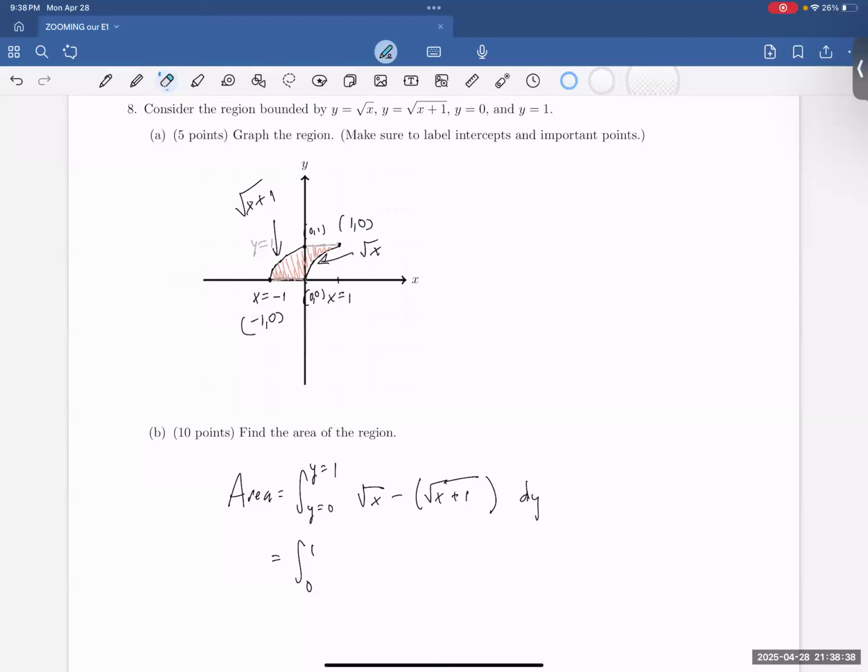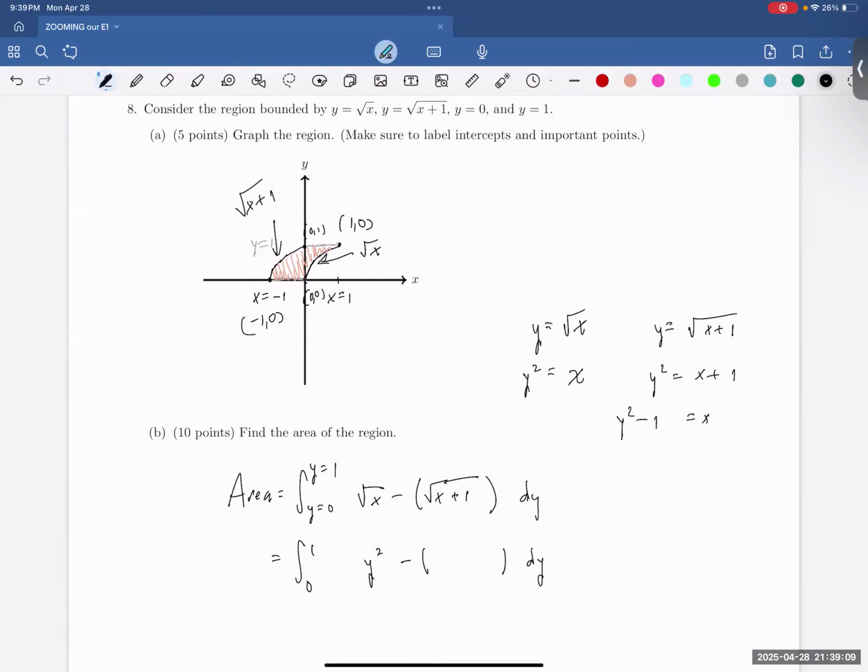Yeah, okay. So that y is root x. If I solve for x, x is y squared, and that's my right graph. If I solve in the other one, y equals root x plus 1, that's y squared is x plus 1, x is y squared minus 1.